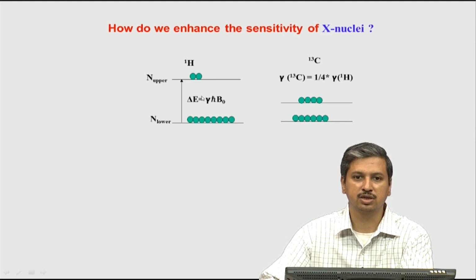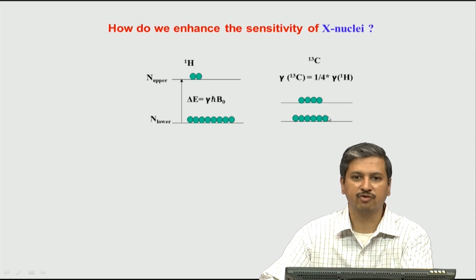Hydrogen energy levels are given like this, and delta E is gamma H B0, which we saw in the last slide. Now, if you move this picture to carbon, all other factors are the same except gamma. In carbon, gamma is 4 times less compared to hydrogen.